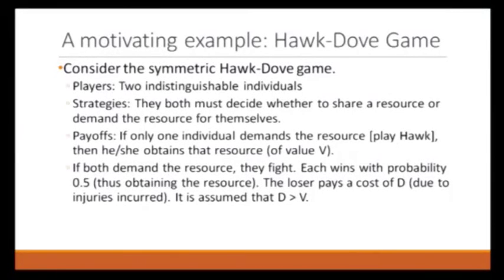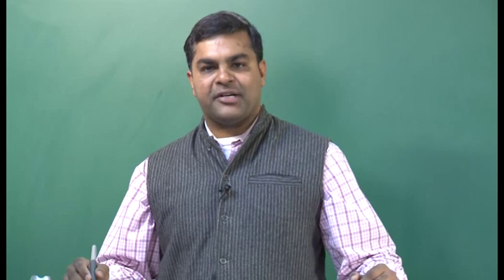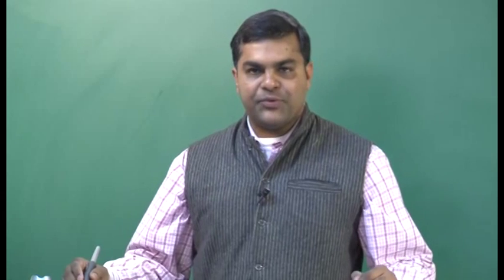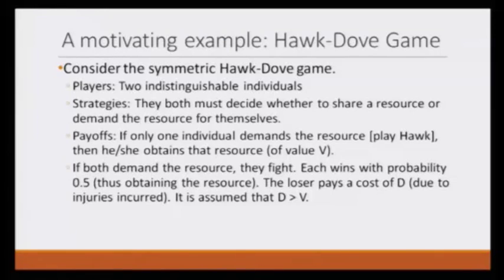What are the payoffs? If only one individual demands the resource, meaning only one individual is playing hawk and the other is playing dove, then the hawk obtains the whole object, and let us say the value of the whole object is V. If both demand the resource, meaning both of them are playing hawk, then they will fight and one of them will win with probability half.